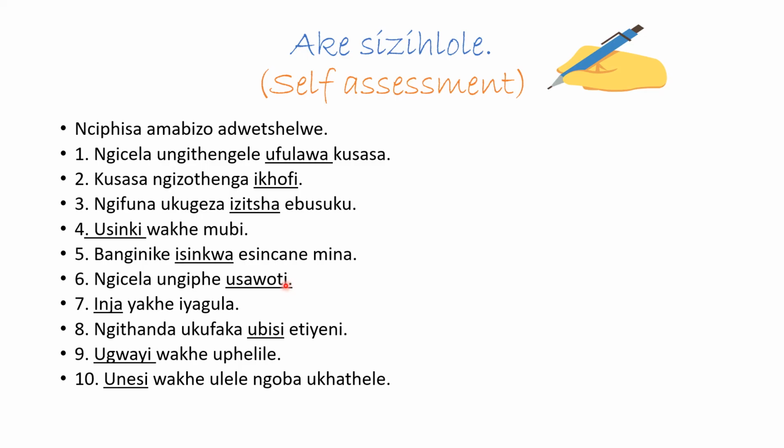Last vowel is an I. Inja yakhe. A. Ngithanda ukufaka ubisi etiyeni. Ugwayi wakhe uphelile. Unesi wakhe ulele ngoba ukhathele. I want you to take your time, look at all these nouns, see what they end with. Remember the rule, apply the rule, and then you'll get the correct answers. Give yourself time, sit down, do it.